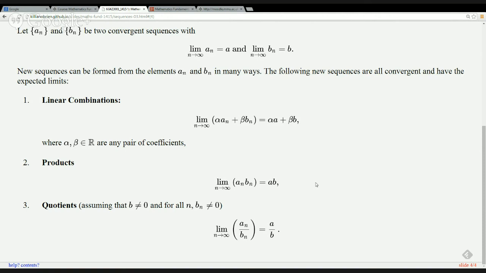And if n is greater than n2, I'm going to want bn to be less than root epsilon. So again, I'm choosing special upper bounds based on epsilon. Why am I choosing the square root? Because I'm going to multiply them together, and that will give me just the plain epsilon that I want.